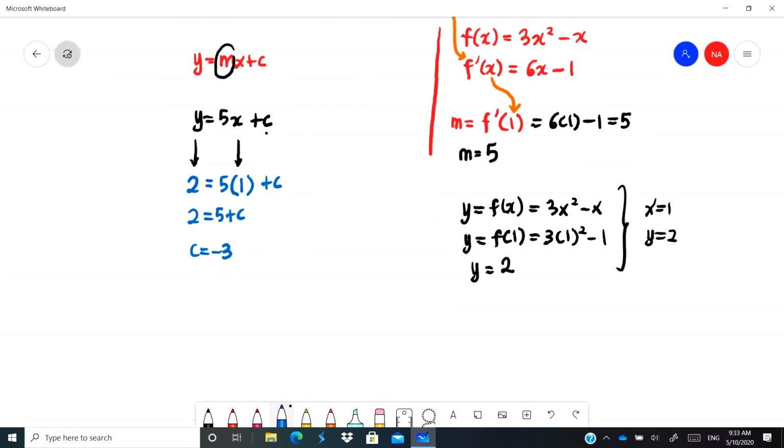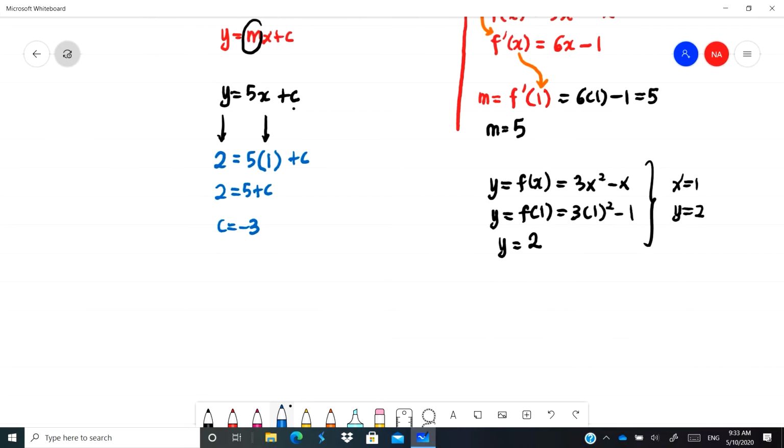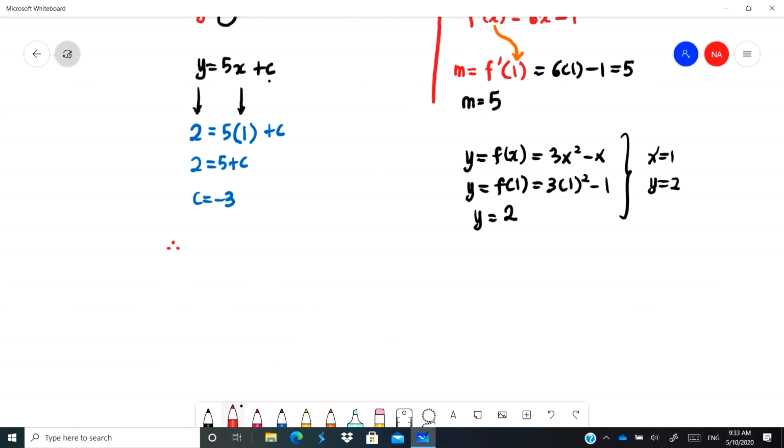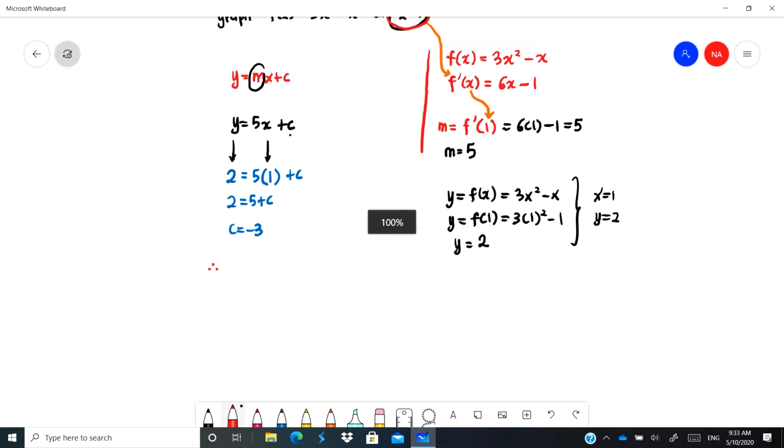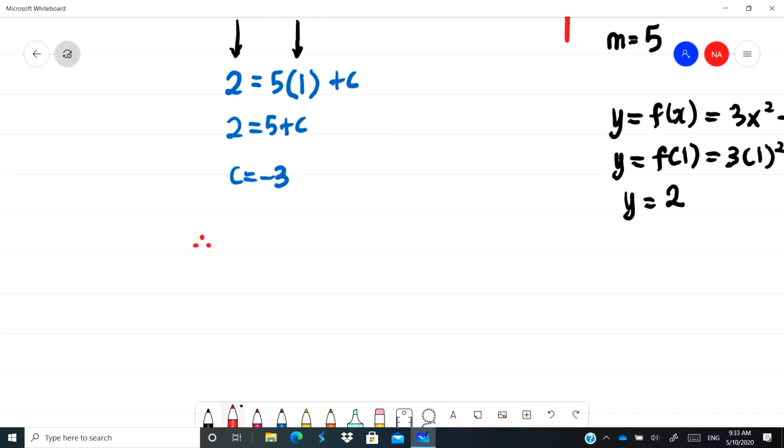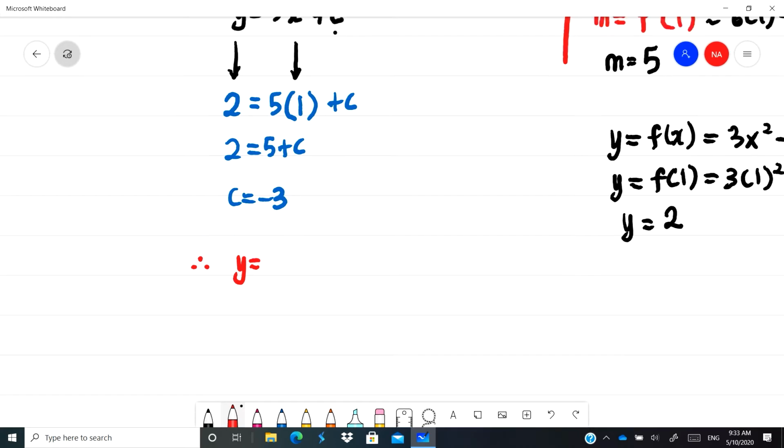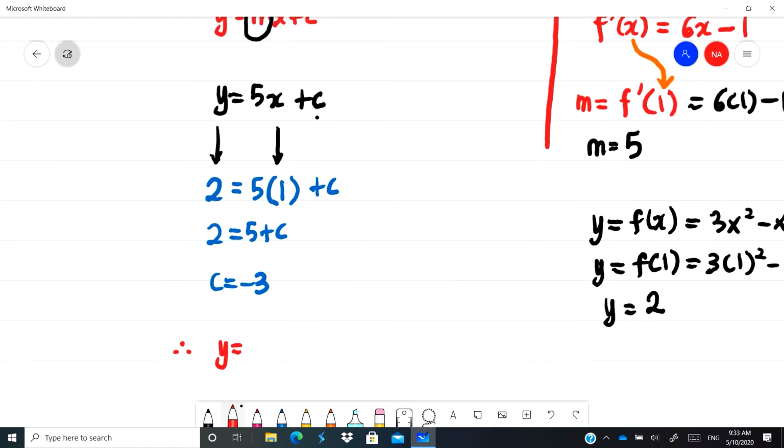Finally, you have found the equation of the tangent to the curve. We have y equals 5x, and c is now substituted with negative 3.